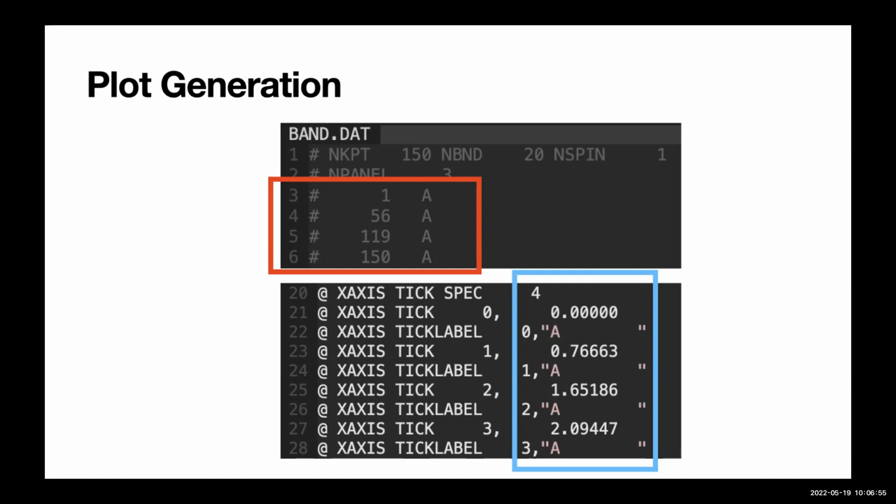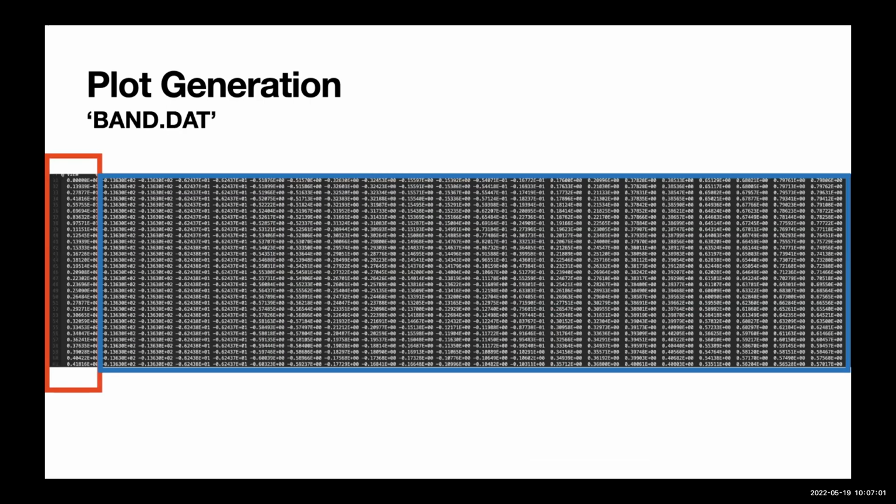And last thing, after the header block of the file I was showing in the previous slide, you will see the rest of the file contains the information of, of course, the eigenvalues for plotting the band.